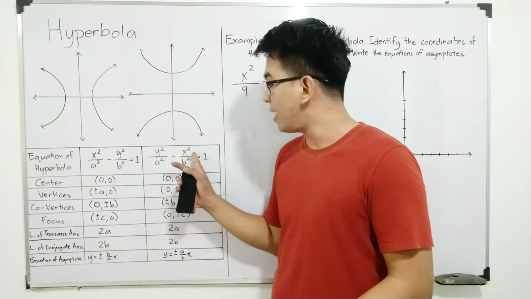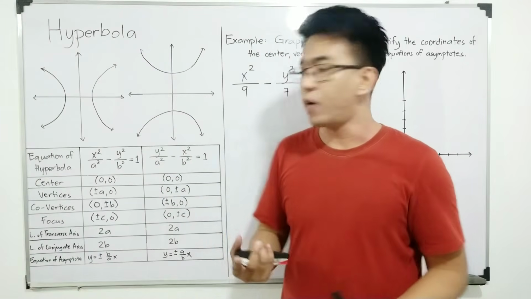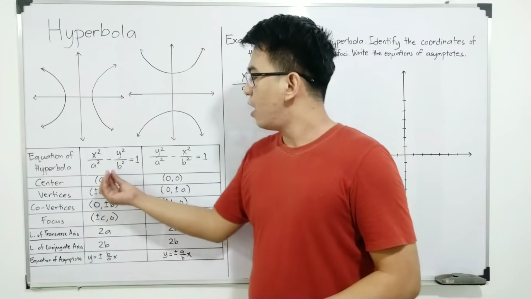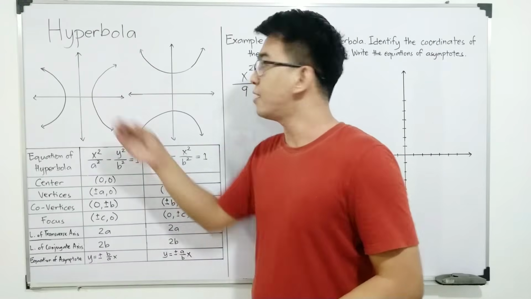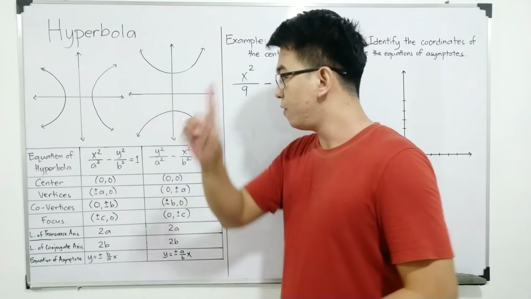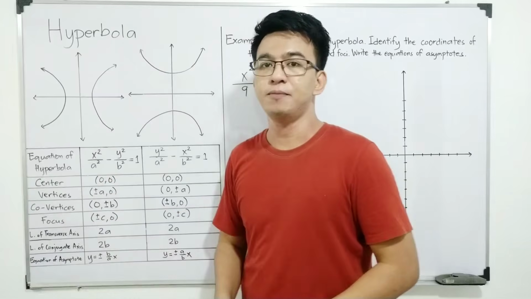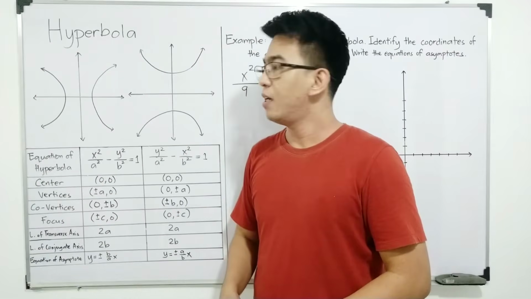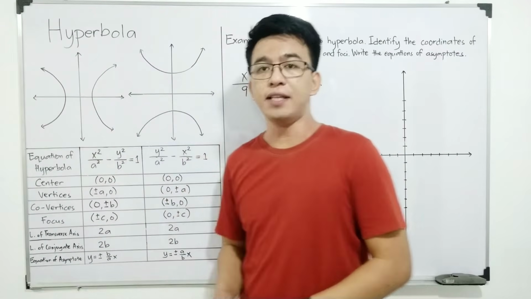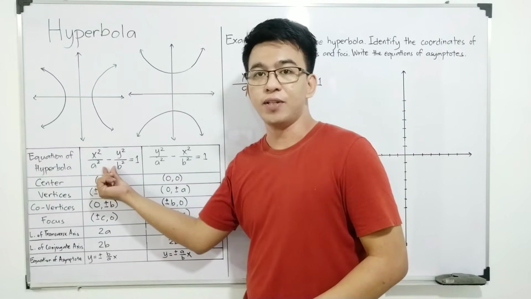Tapos, yung negative term naman natin is yung x squared. Ngayon, sir, alin po dito nag-correspond sa different graph na meron tayo? If your hyperbola is horizontal, this is the equation.